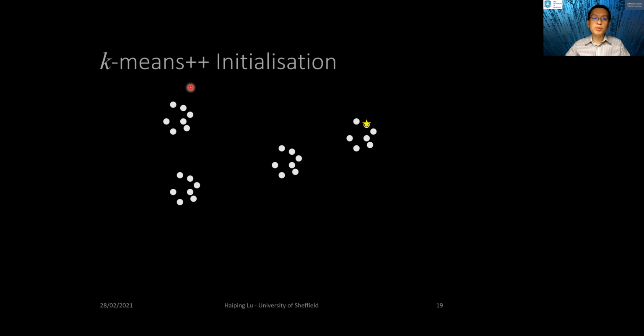Those points over here have a large distance to the current centroid. Therefore, after taking the square, they will have very high probability to be sampled. In comparison, these points are very close to this center, so the distance is shorter.